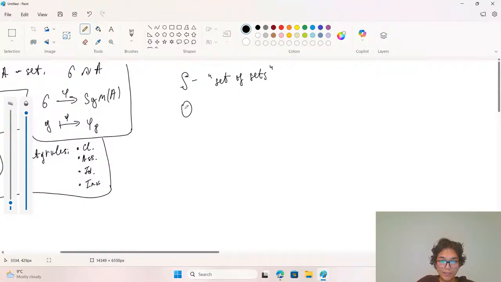And define theta as the set of operations. And then I ask myself, is there a one-to-one correspondence between S and theta such that they form a group structure, they satisfy this group structure?